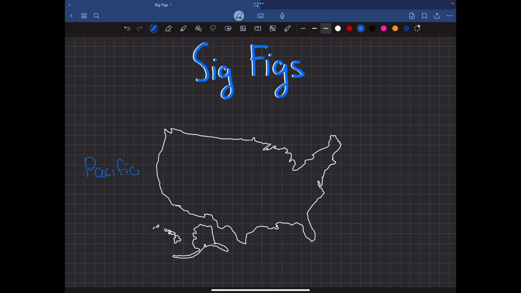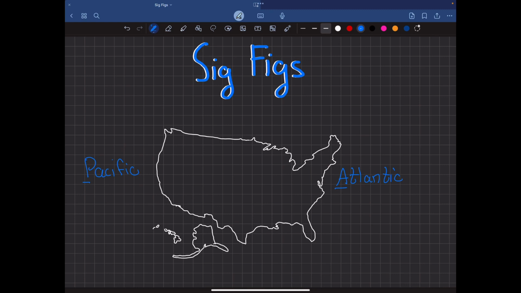Meanwhile, on the east coast, New York, New Jersey, that kind of area, we have our Atlantic Ocean. It's very important to remember that the Pacific Ocean is on the west coast or the left side, and the Atlantic Ocean is on the right side.